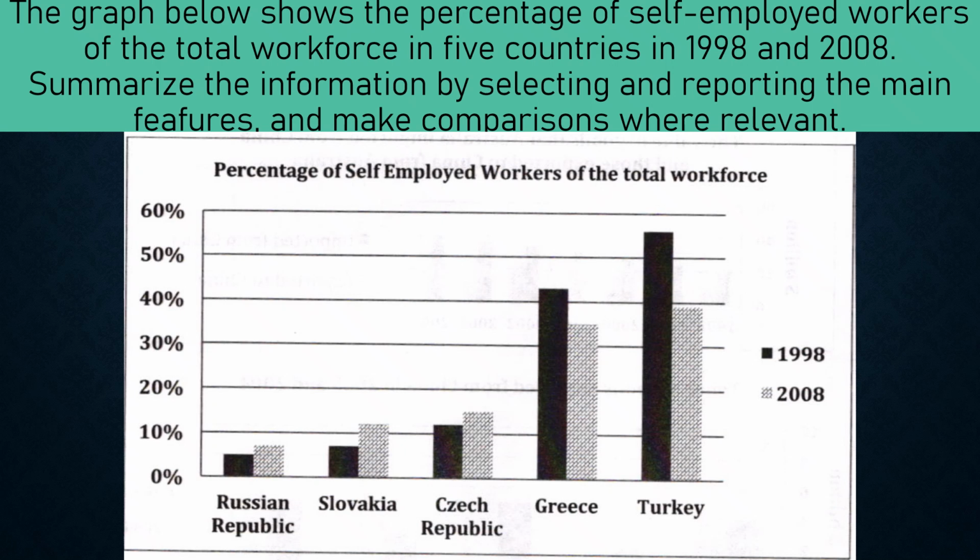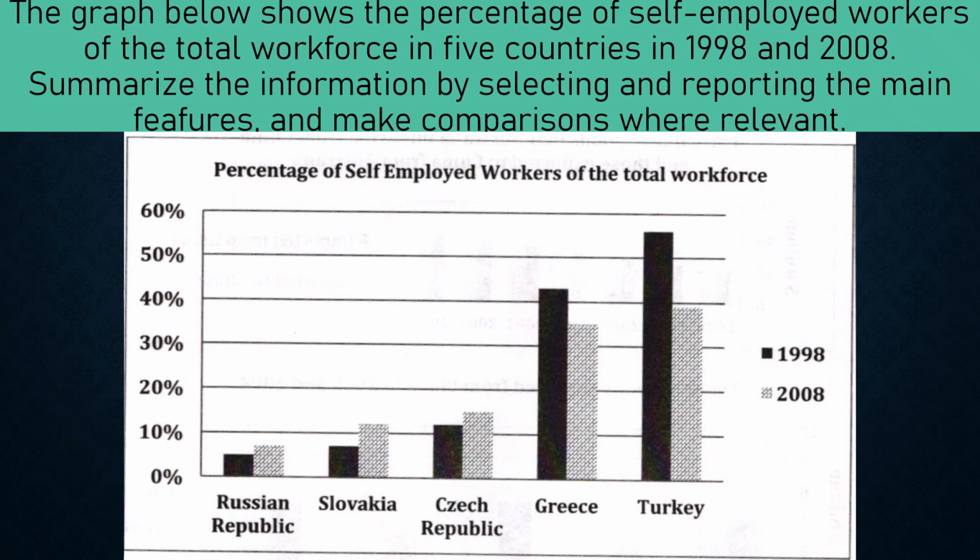You can call it own job, own business, out of all employed people in the 5 countries in a decade from 1998 to 2008. So it is manifest, it is clear, or it shows from the graph that the Turks and Greeks were more interested in entrepreneurship than the Russians, Slovakians, and Czechs.